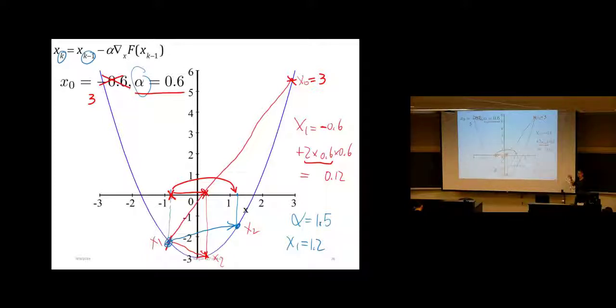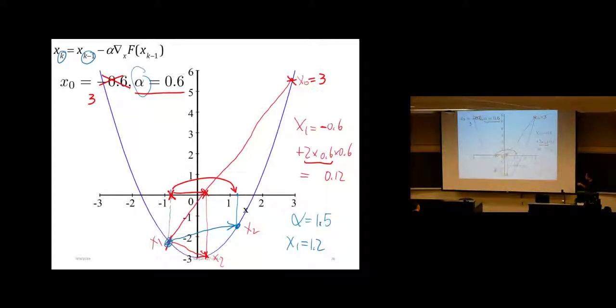Even though it's oscillating from the left of the optimum point to the right, and back to the left, and you keep oscillating a bit, you still keep decreasing that objective function. So 0.6 is still fine for this problem.